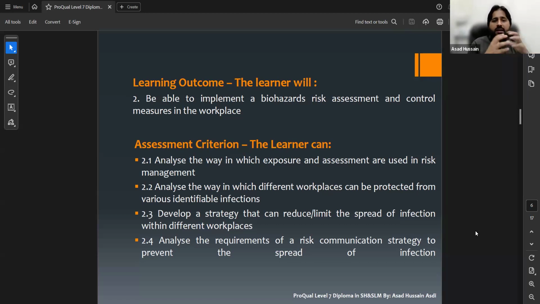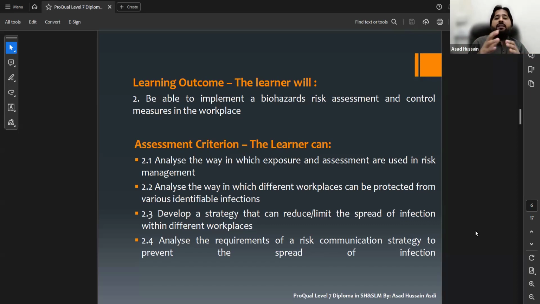In that case, what are the different ways you have in your organization? You have to explain everything with regard to your organization, how different workplaces can be protected from various identifiable infections.